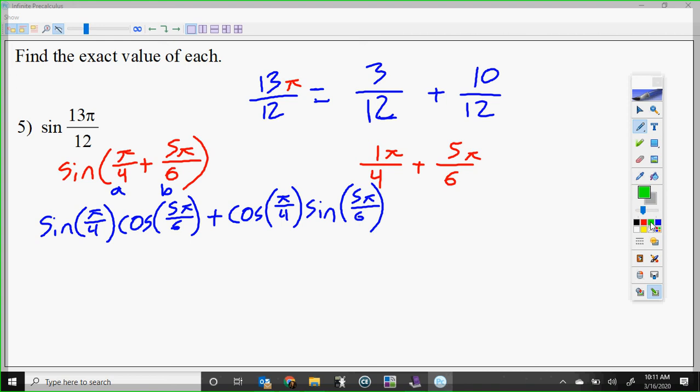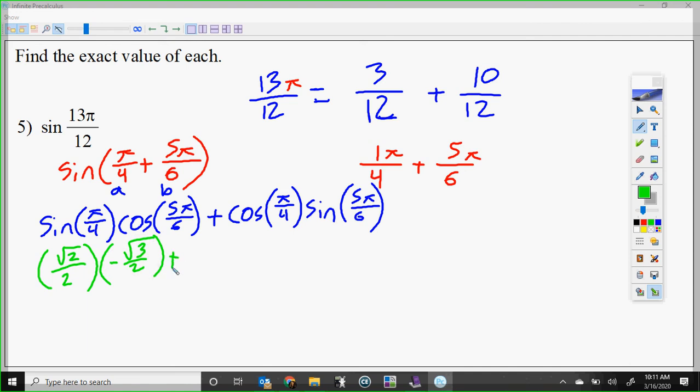And then on my unit circle, sine of pi over 4 is square root of 2 over 2. 5 pi over 6 is just going to be the same as the last one because it's a 150, so cosine is negative square root of 3 over 2.